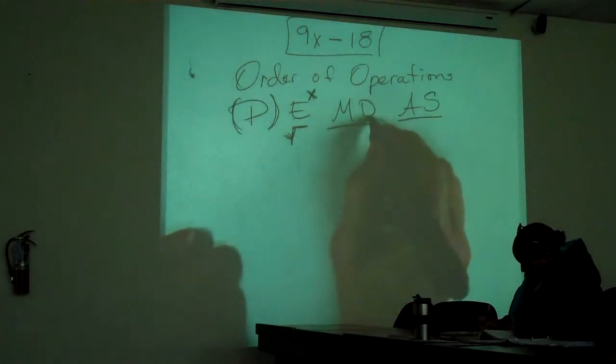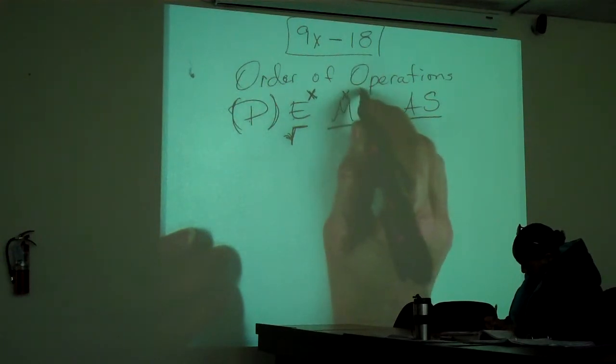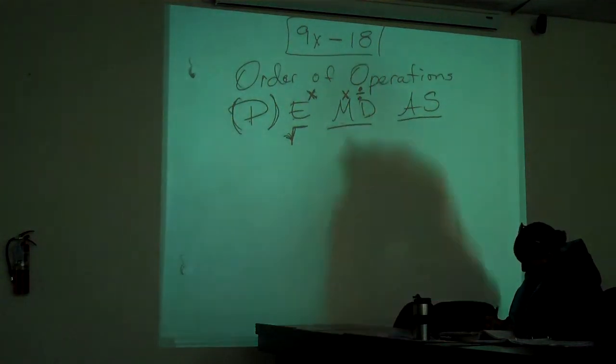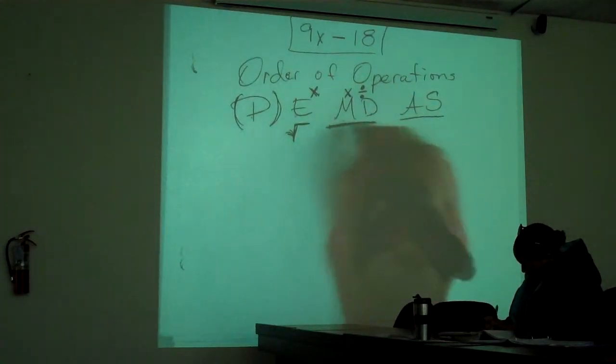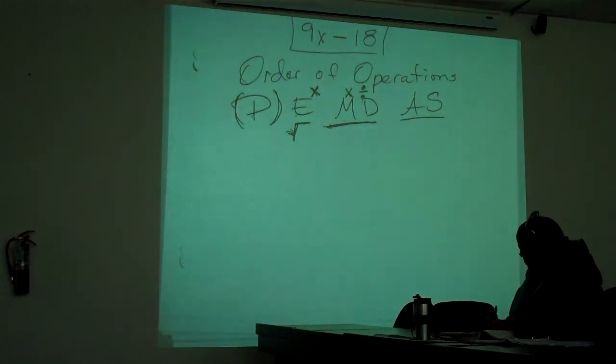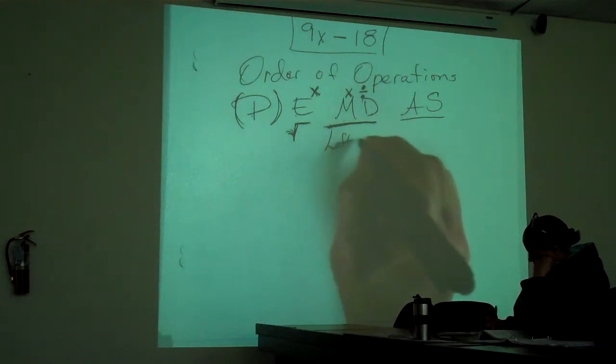The M and D stand for multiplication and division, multiply and divide. And do not always do multiply before divide. These two I have underlined because they have the same power. Sometimes you'll divide before multiply, sometimes you multiply before divide, because you do these from left to right.